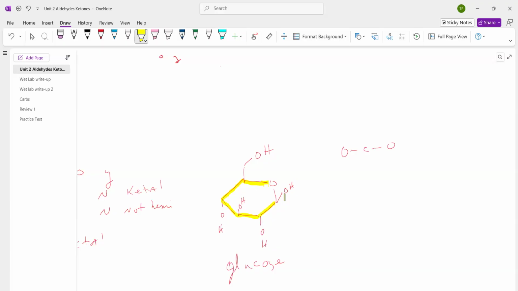Now, let's analyze this. H present, yes. OH present, yes. So this means it's an acetal, and this means it's a hemi. So this is a hemiacetal.